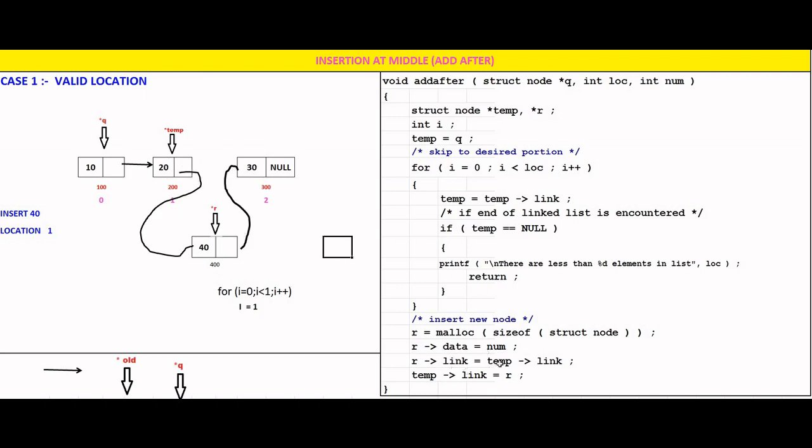First, temp of link gets the R of link. We copy this address here, so it will point here, and then we copy the address of R into temp of link. So we copy 400 here. After copying 400 here, it will point to the newly inserted node. This is how the insertion at middle happens for the valid location.